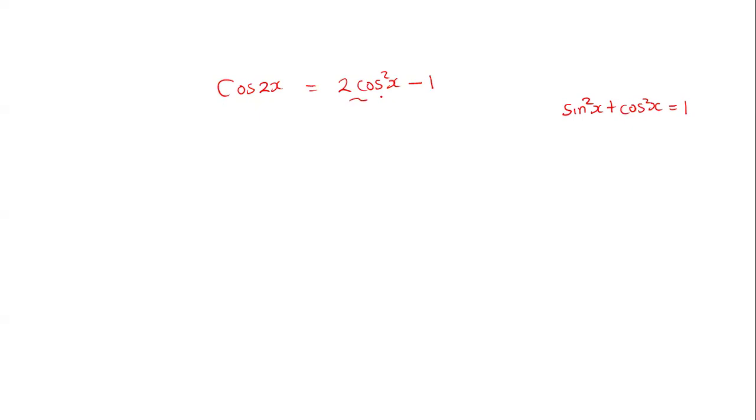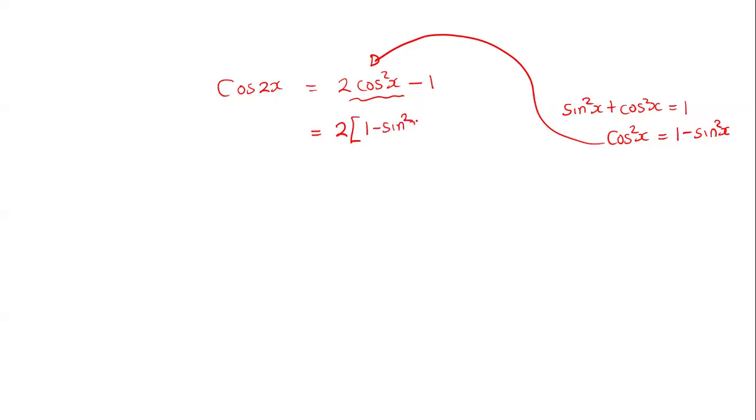This equation we have written in form of cos. In case I want to write it in terms of sine, I make cos the subject. So cos squared x is the same as 1 minus sine squared x. Where there is cos squared x here, I replace it with 1 minus sine squared x. So this will be 2 into 1 minus sine squared x, then minus 1.